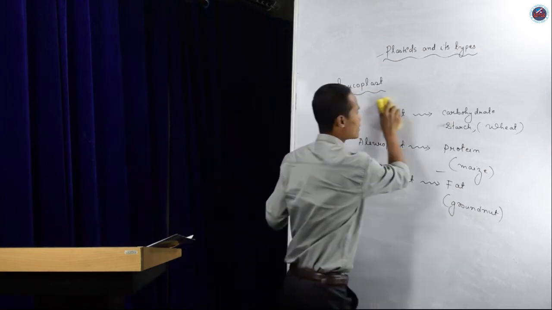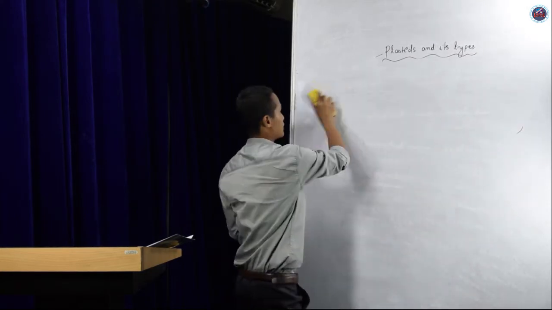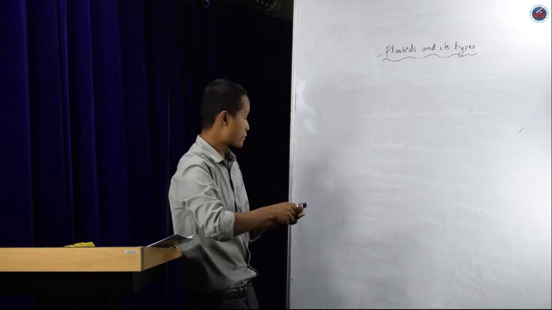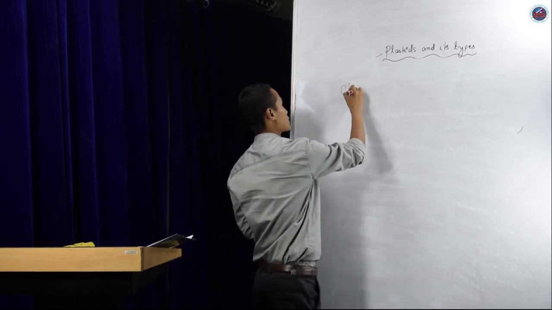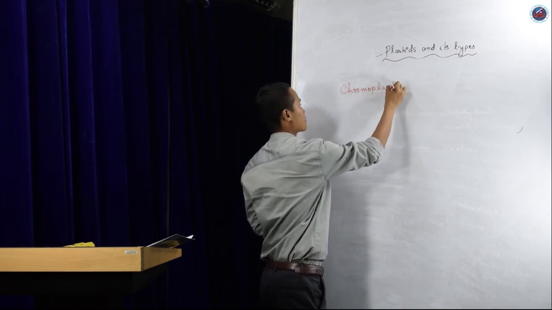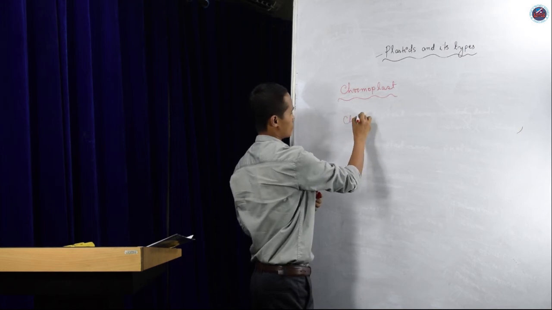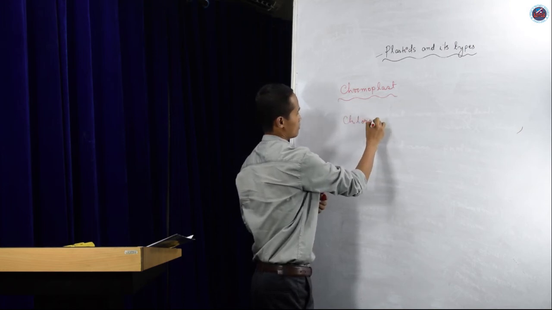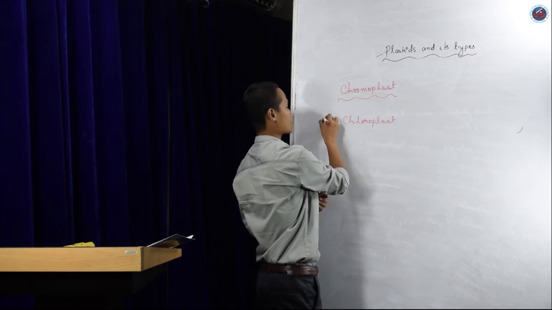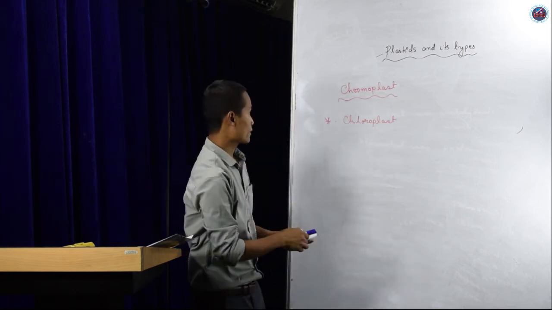The next plastid is chromoplast, and basically there are also three types of chromoplast. The first one is chloroplast. You know that this chloroplast is present, and they are colored.